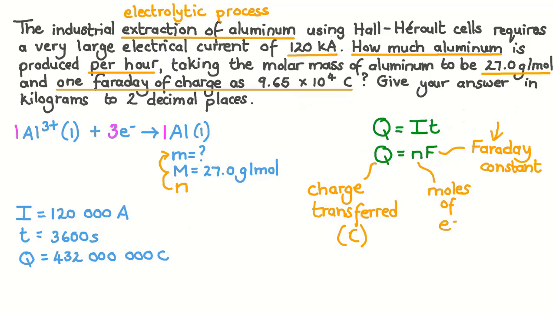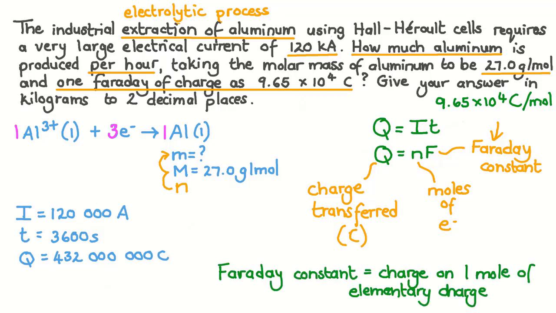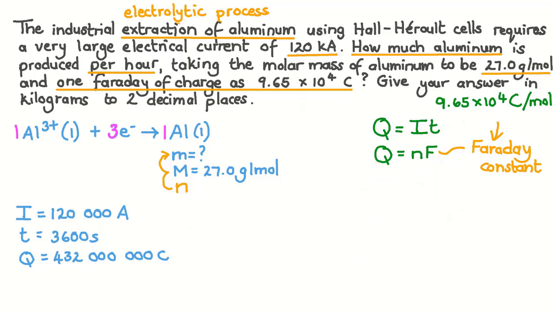The Faraday constant, however, is this same value of charge in coulombs but per 1 mole of electrons transferred. The Faraday constant is therefore the charge on 1 mole of elementary charge. So we can rearrange our key equation to give N is equal to Q divided by F.